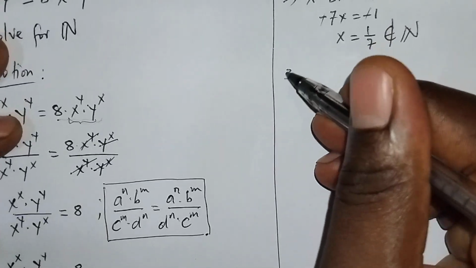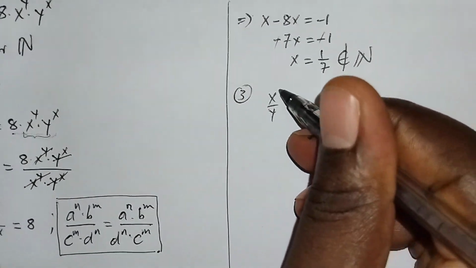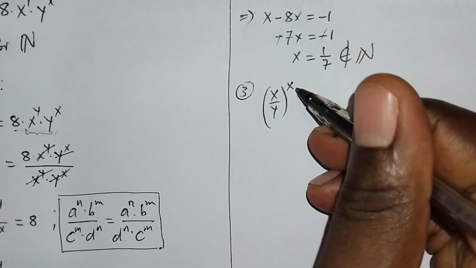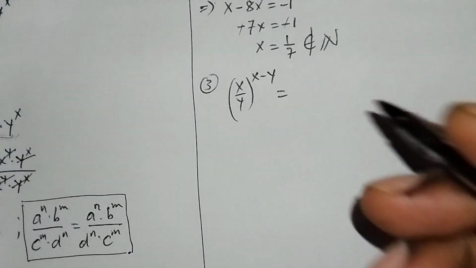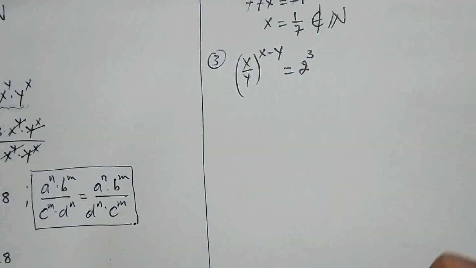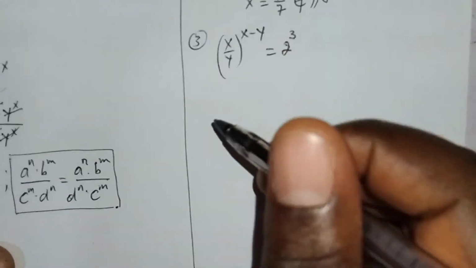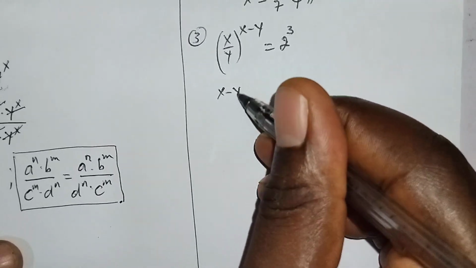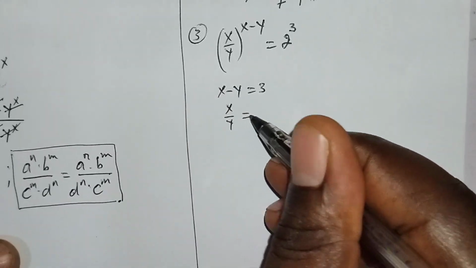And case 3, x over y power x minus y is equal to 8. 8 can be 2 power 3. It means x minus y is equal to 3, and x over y equal to 2.